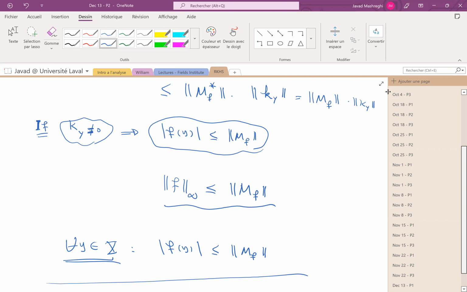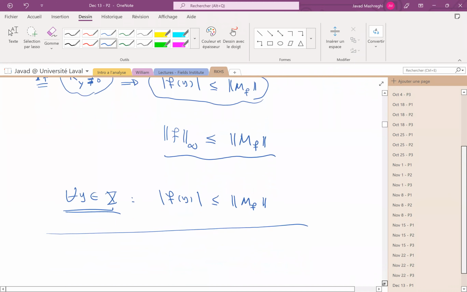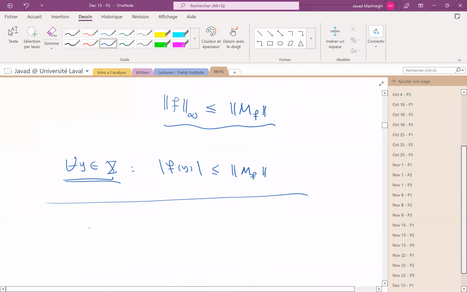Yes, right. So if you have such a kernel and you multiply f by k_x, this has to be continuous. The product is continuous because it is in the space, and k_x by itself is also continuous.